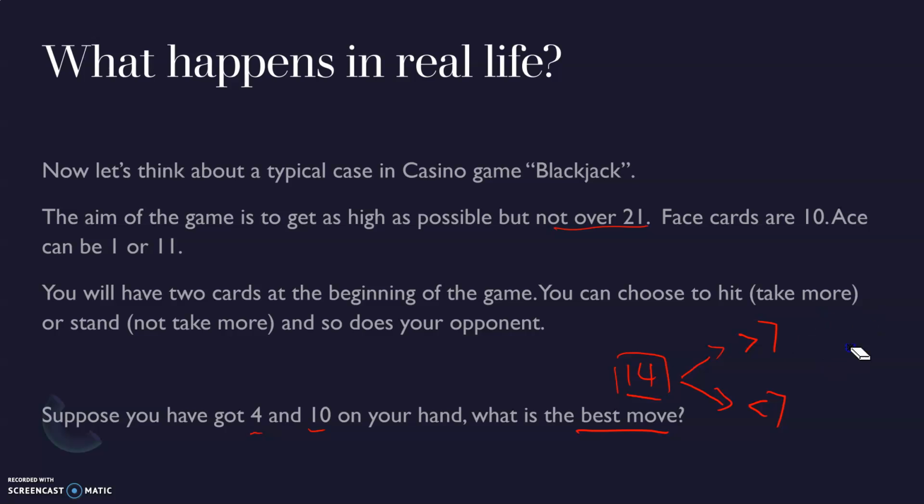Okay, so if we get a card greater than 7, that's a bad option. If we get a card smaller than 7, that's a good option. So out of the entire card deck, let's think about it from ace, 2, 3, 4, 5, 6, 7, 8, 9, 10, and jack, queen and king. We can say 7 and anything below 7 is good.